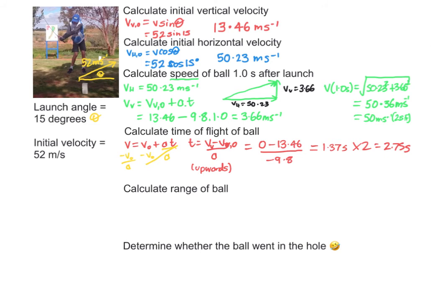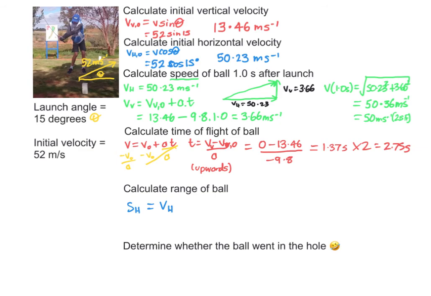Then, to calculate the range of the ball, almost the most simple part, the range is the horizontal displacement. That's equal to the horizontal velocity, which is constant because there's no force acting in the horizontal.